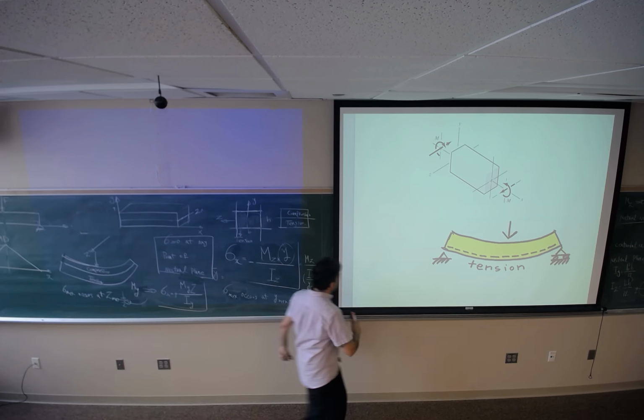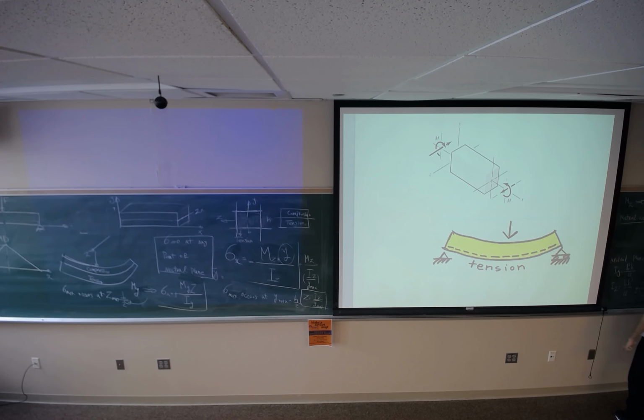All right, now I labeled 9 points. 1 at the corner, 2 at the middle, 3, 4, 5, 6, 7, 8, and 9.